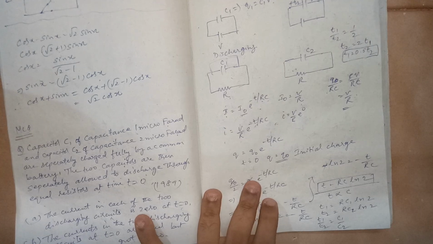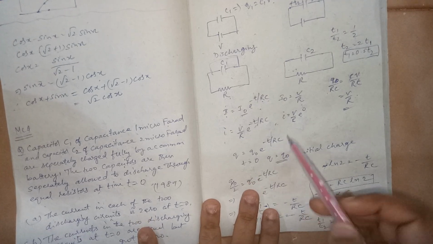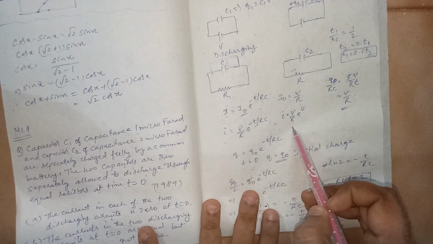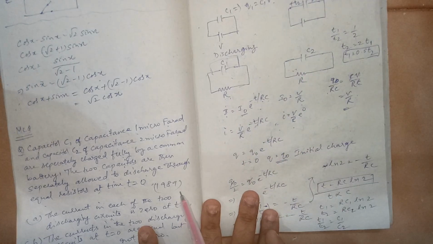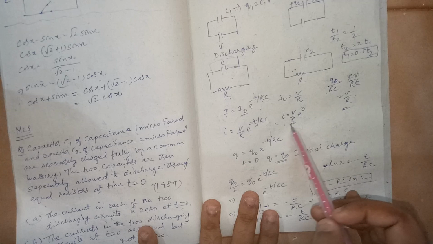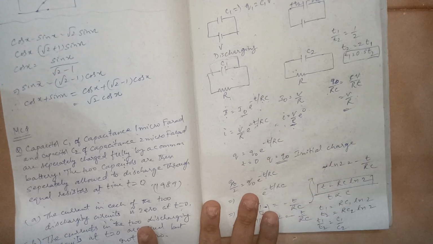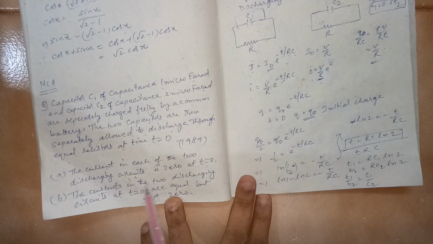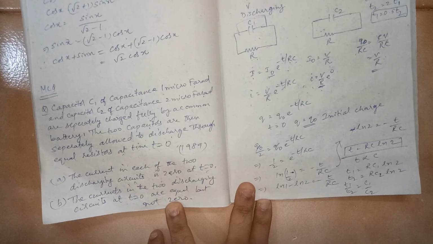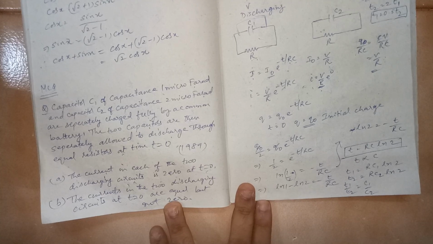E power 0 is 1. So I becomes V by R. Whether you use the first circuit or the second circuit, the I value is V by R because e power 0 is 1. So here it says the current is 0 at t is equal to 0 for both the circuits, which is not correct.